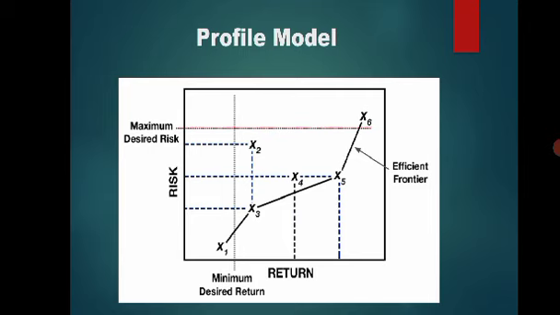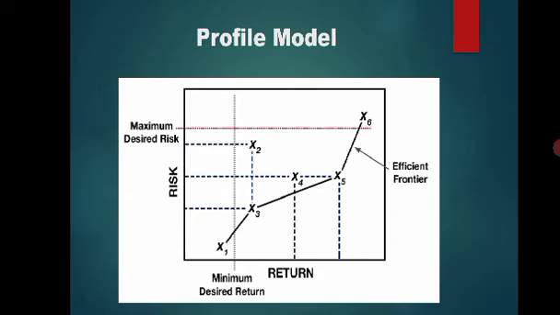Yes, they are all desired. However, project 2 and project 4 are not desired because project x2 can give the same return as project x3 does, but the risk associated with x2 is higher.